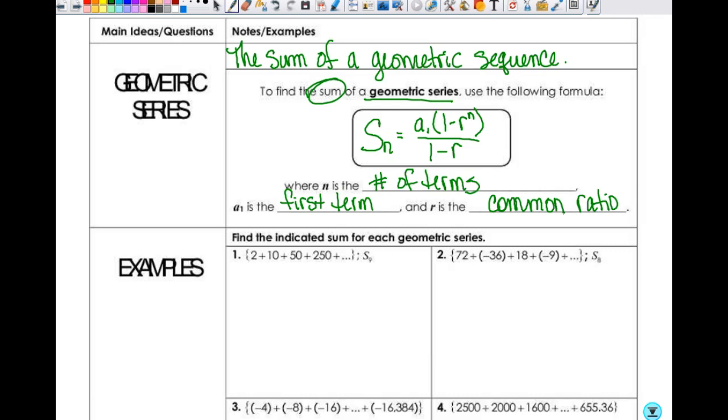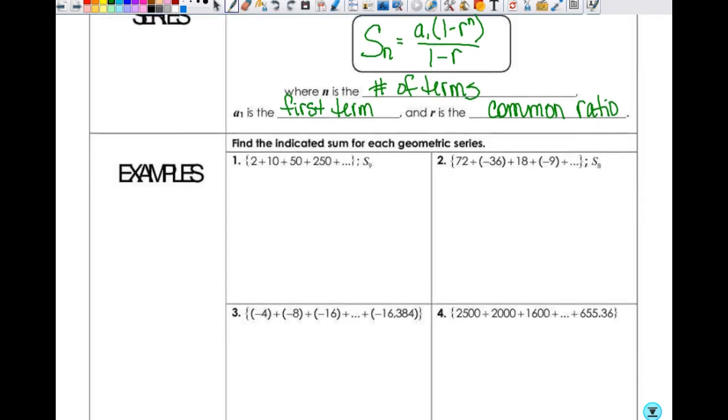Alrighty, so let's look at how this works here. It says find the indicated sum for each geometric series. So I want the sum of the first 9 terms, right? That means that n is equal to 9. I need the first term, which is 2, and I need the common ratio. Am I multiplying by 5 each time?